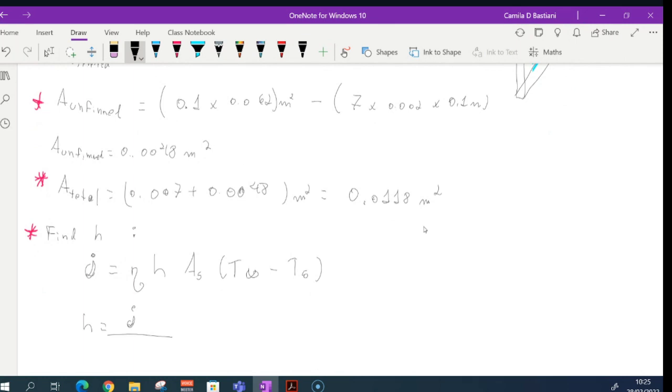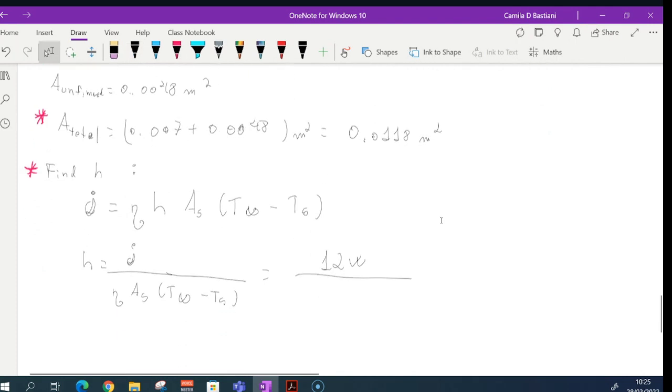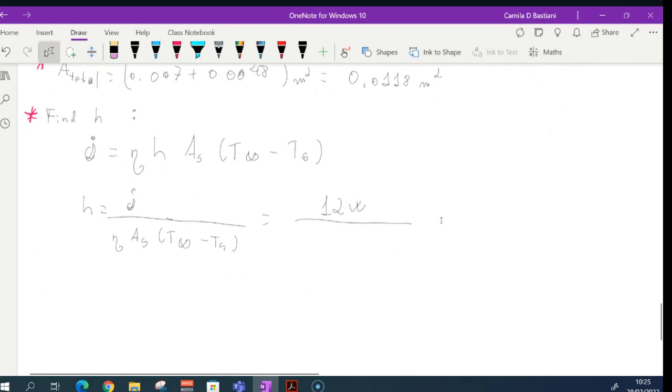My rate of heat transfer is the 12 watts that I want to dissipate, how much heat I want to dissipate.